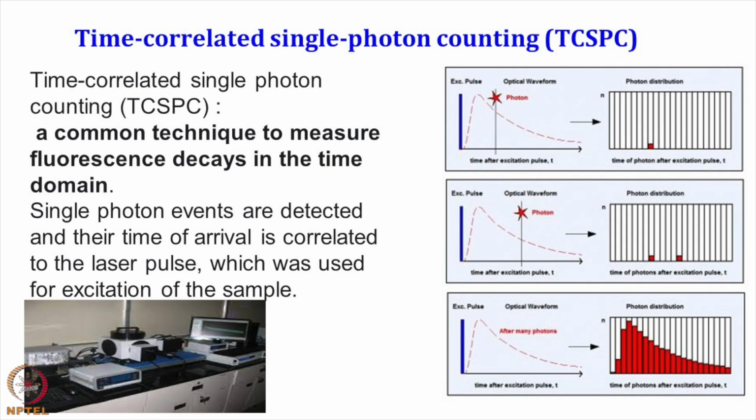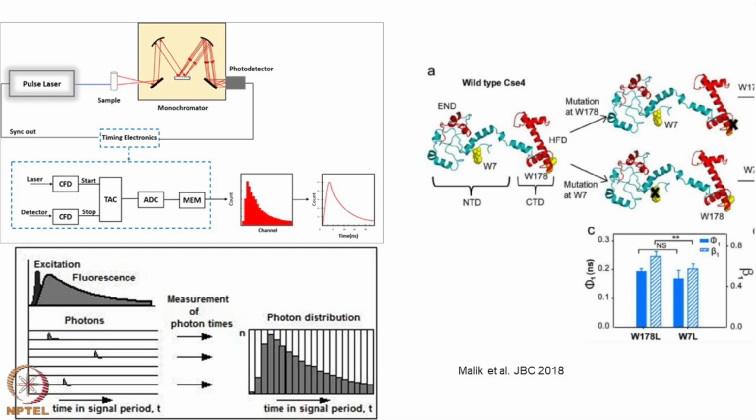A little complicated, but it can sit on a table and you can use this concept for understanding the dynamics of that. So the idea is simple. You have to have a laser pulse, a sample, the photodetector, the timing electronics, and one can have each photon counted like that.